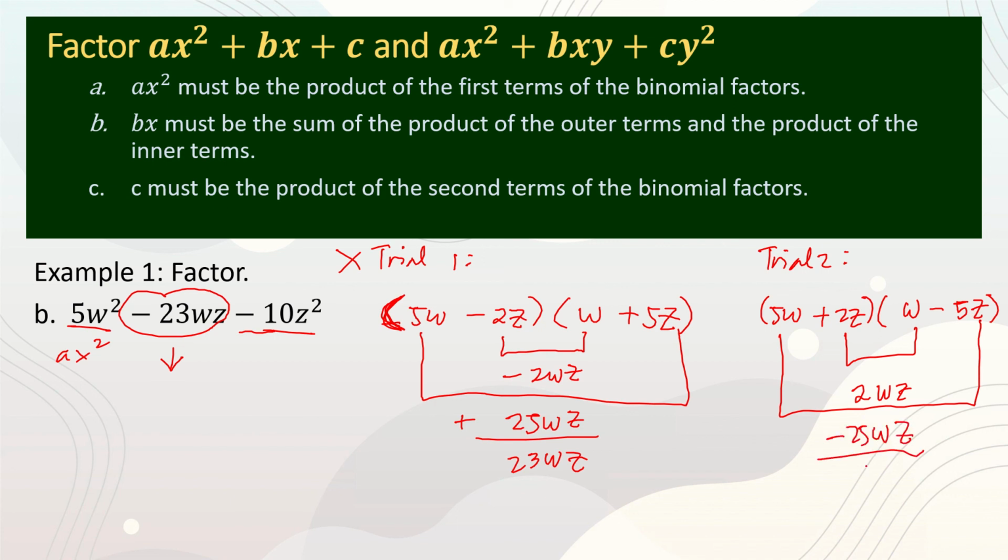If you add them, 2 plus negative 25, so different sign subtract, so 23. Then, mas malaki si 25 in terms of its absolute value. So, kaya ikakopy natin yung sign niya. Negative. In which it's already the middle term. So, therefore, this is our final answer. Quantity of 5w plus 2z times the quantity of w minus 5z.